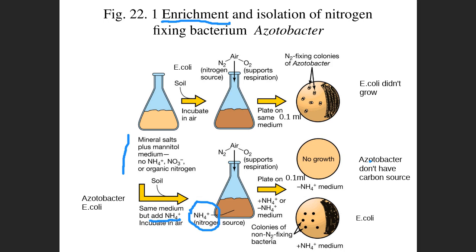So what you do is you put a growth nutrient with lots of carbon source, but with no fixed nitrogen. And the only bacteria that can grow in here is the Azotobacter. So in this condition, you have lots of Azotobacter.